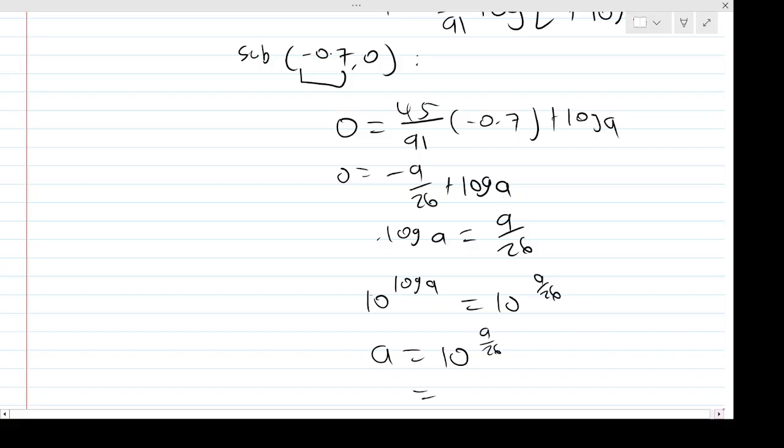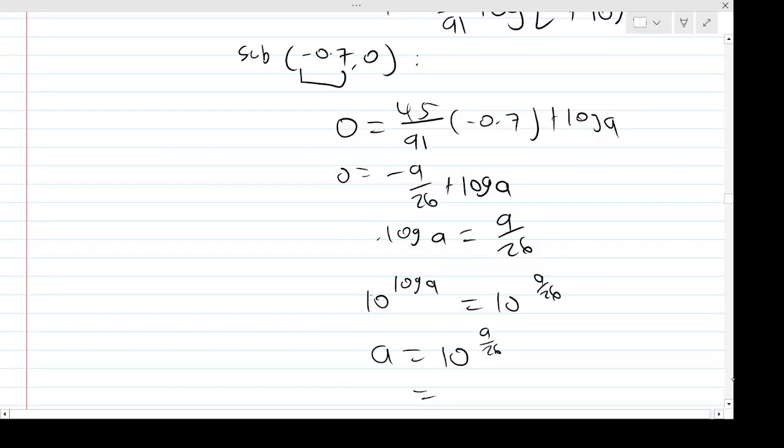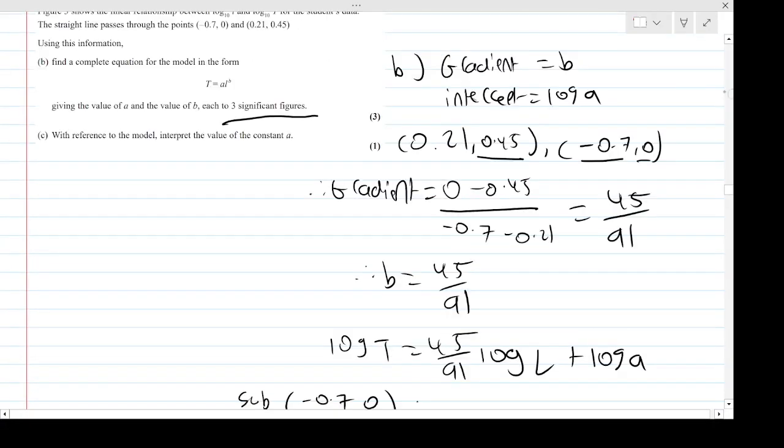As a decimal to 3 significant figures, that's 2.22. If we also convert B to 3 significant figures, 45 over 91 is 0.495. And so that is the value of A and B.